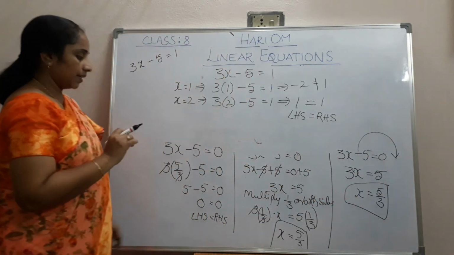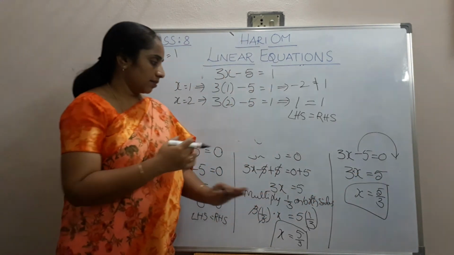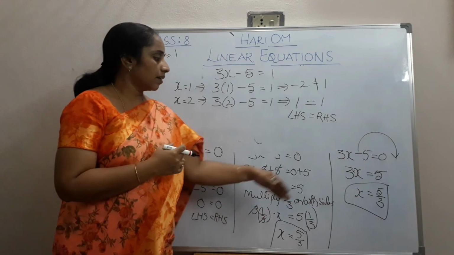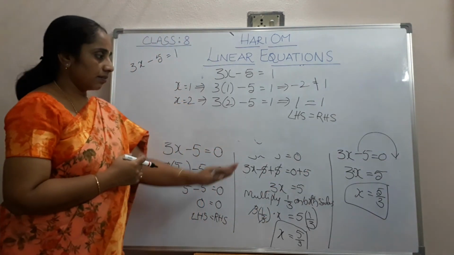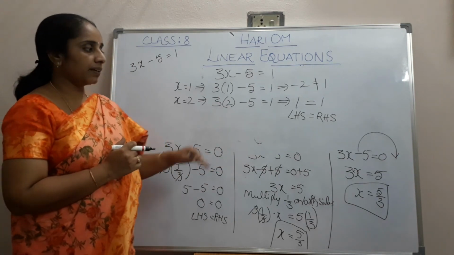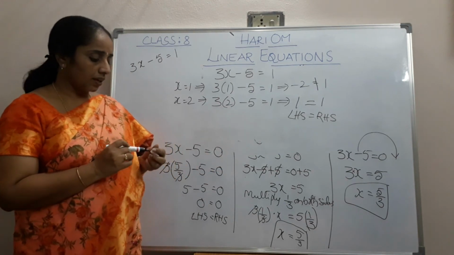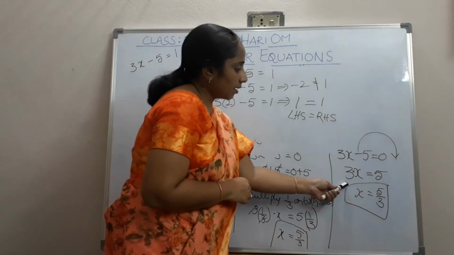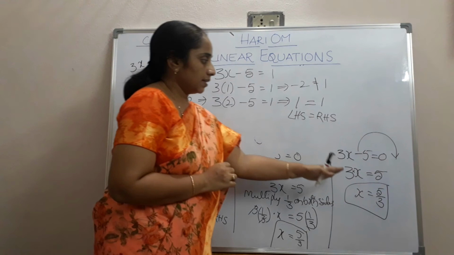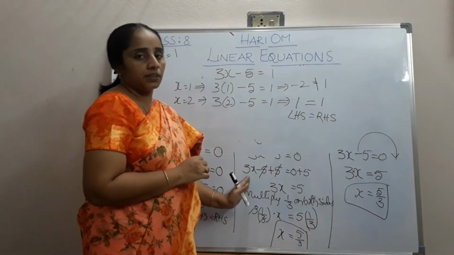So in guessing, adding or subtracting, and transposition, all the time the x value is 5 by 3 only. Finally we use transposition, but indirectly it is this only.